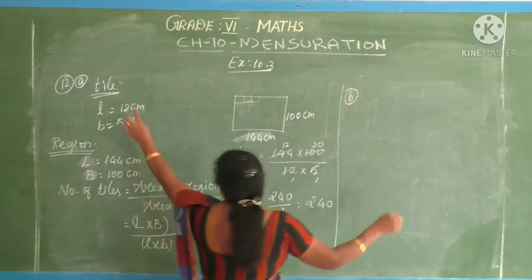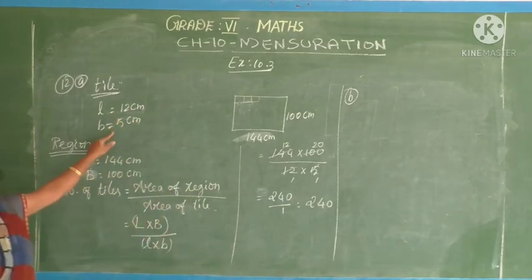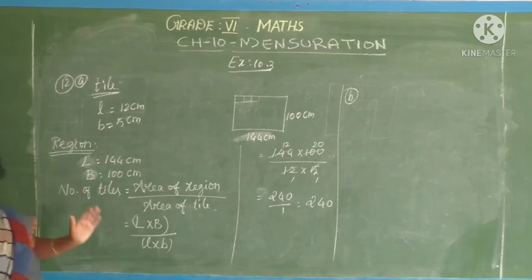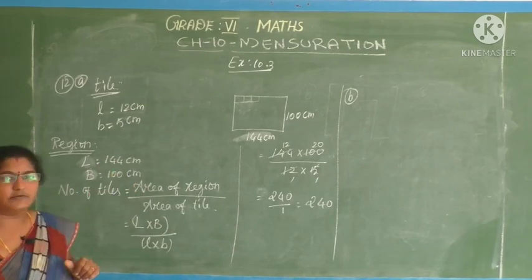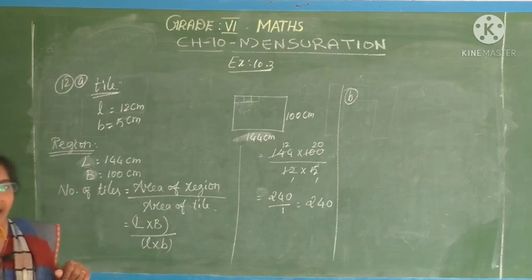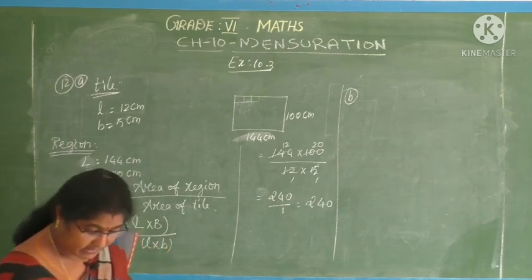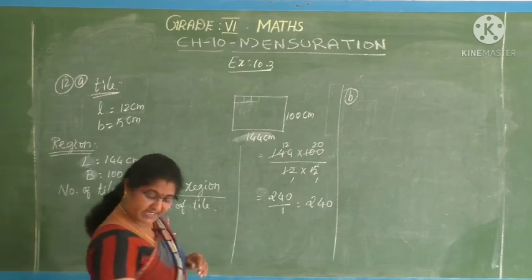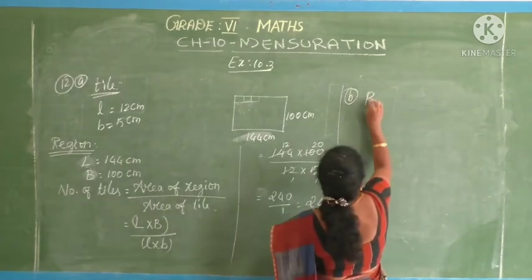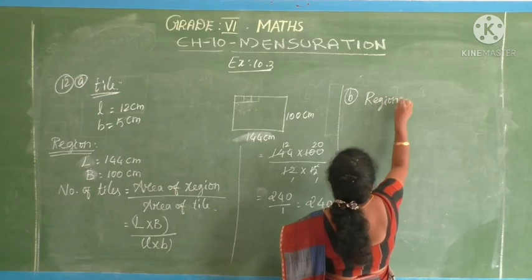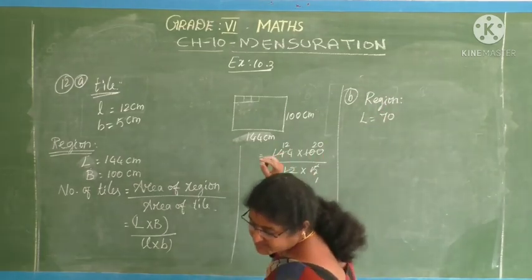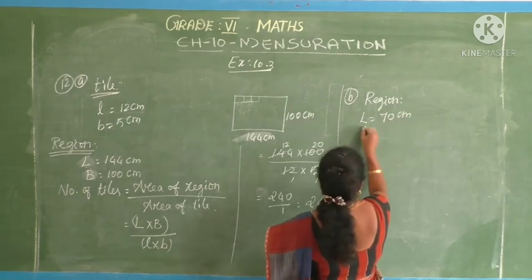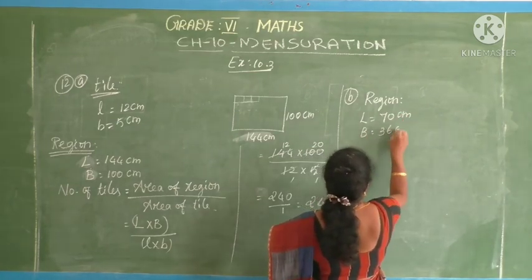Likewise, problem B: the same thing, the tile has the same length and breadth, but the region is different. For the first one, the region was length 144 and breadth 100. But here for the next, length of the region is 70 centimeter, breadth 36 centimeter.